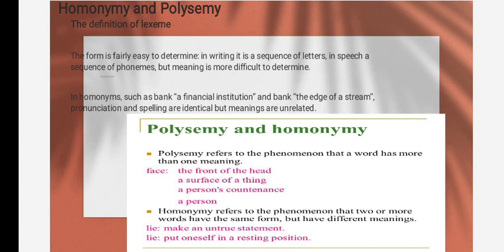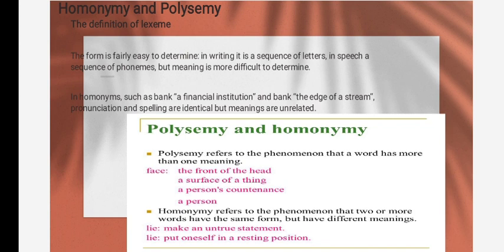Homonym and polysemy. The form is fairly easy to determine. In writing, it is a sequence of letters. In speech, a sequence of phonemes, but meaning is more difficult to determine. In homonyms, such as bank, a financial institution, and bank, the edge of a stream, pronunciation and spelling are identical but meanings are unrelated.